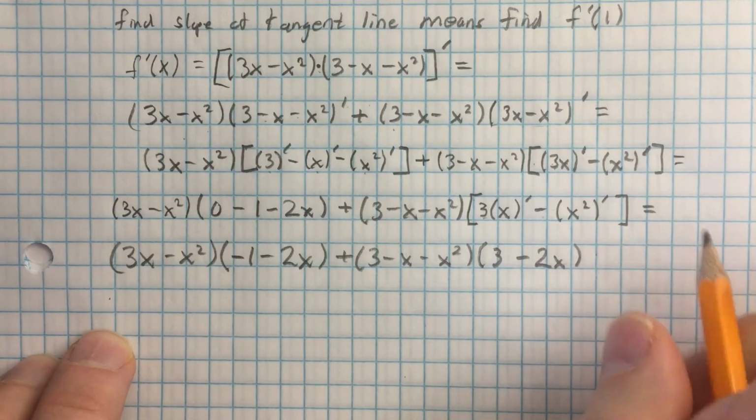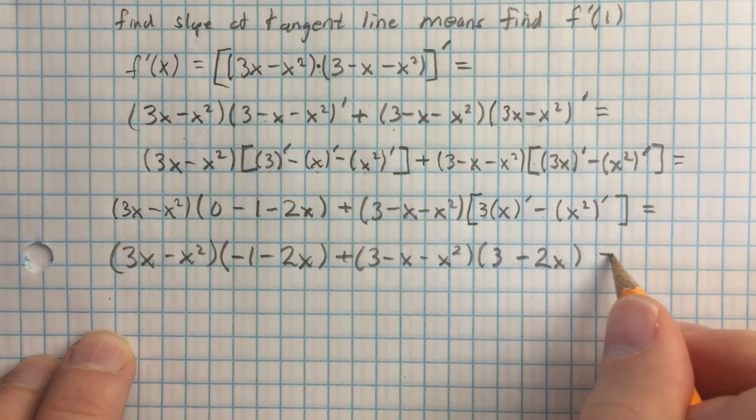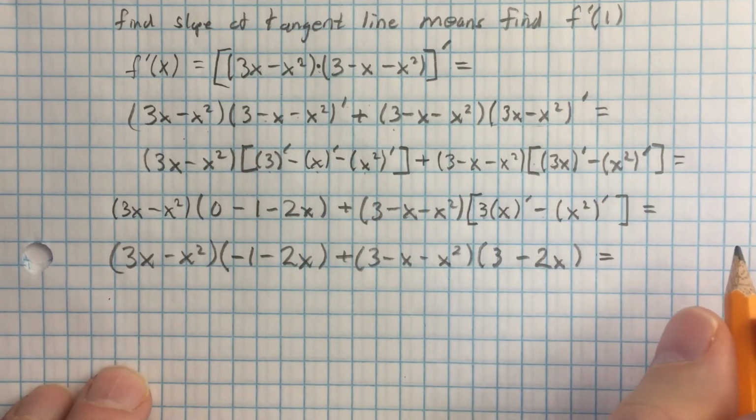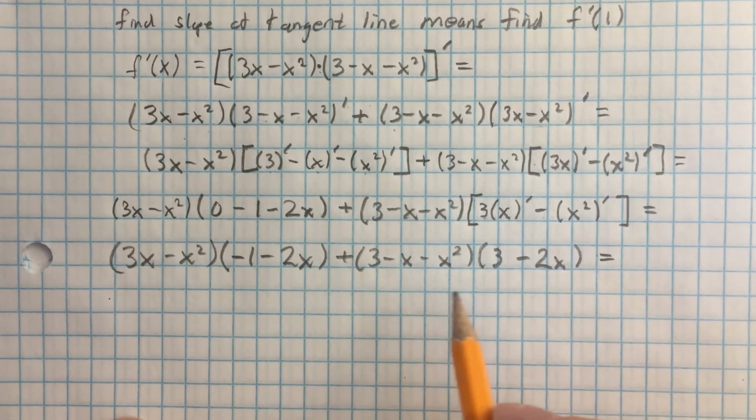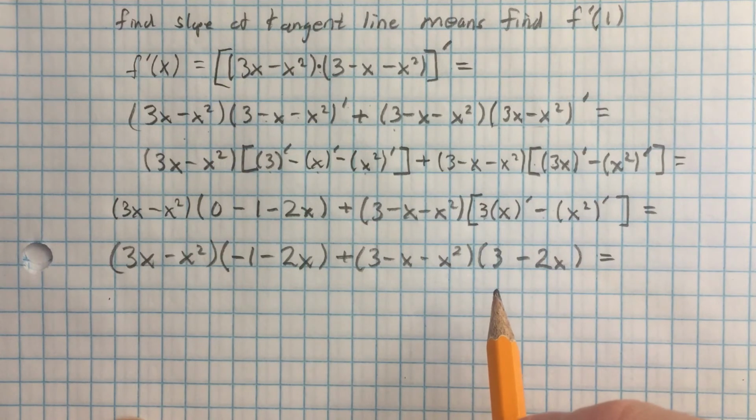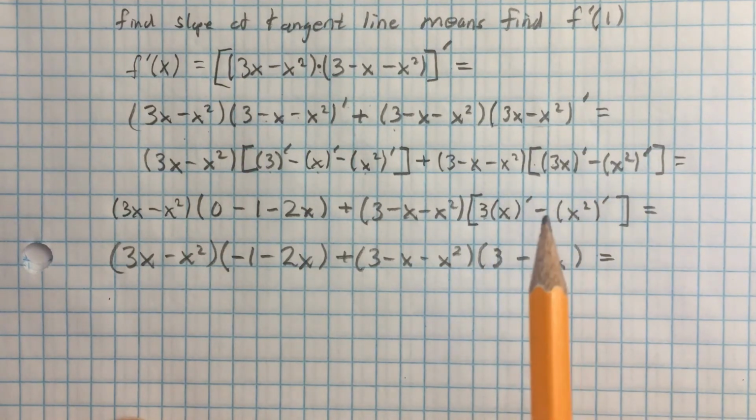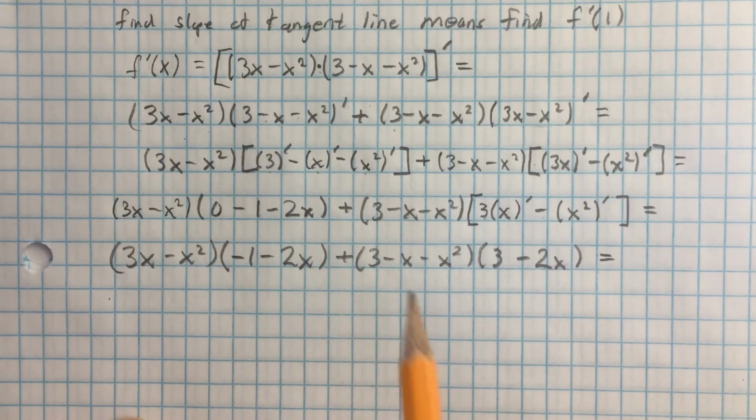This is the slope of f of x everywhere. Okay? But we should go ahead and simplify it probably before we start plugging in any values. Okay? It's always a good idea to simplify before any substitutions are made, because many times you will need to simplify for other reasons.